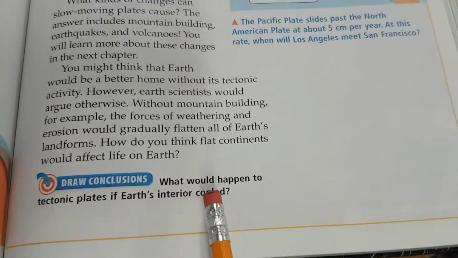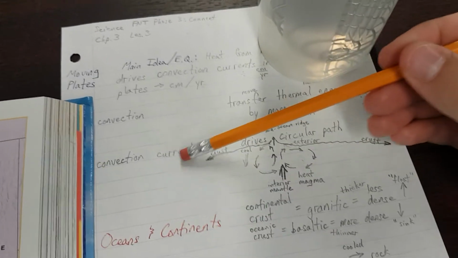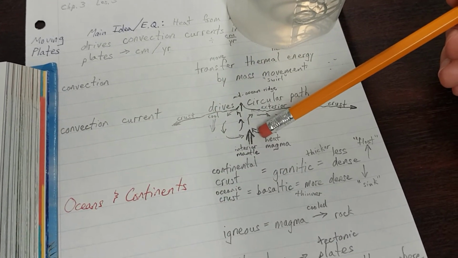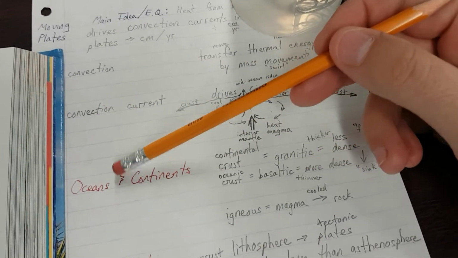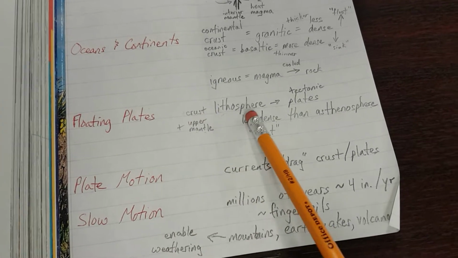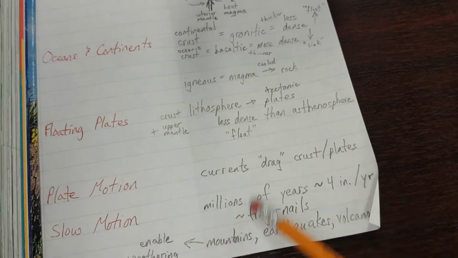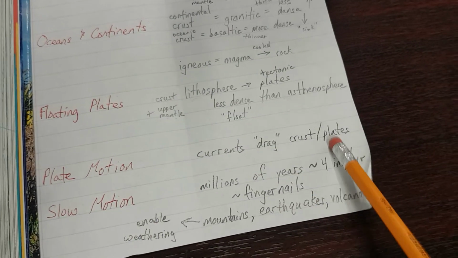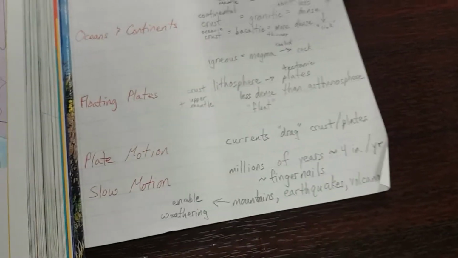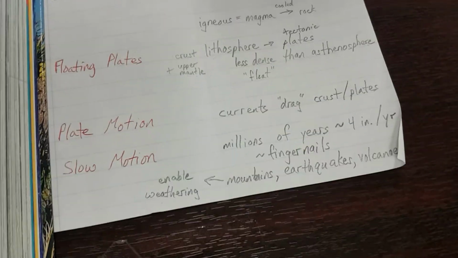So if the Earth's interior cooled, this whole process would stop. There wouldn't be any convection currents. There probably would be no difference between the continental and the oceanic crusts. The plates would not kind of like float on top. It would all just become solid rock. So there wouldn't be any plate motion anymore. So then you would not get mountains, earthquakes, or volcanoes. So then the Earth would just be flat eventually.